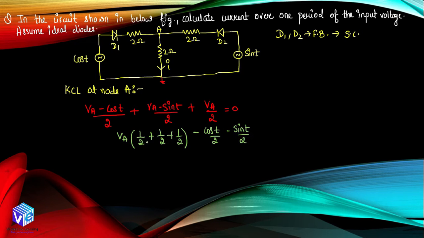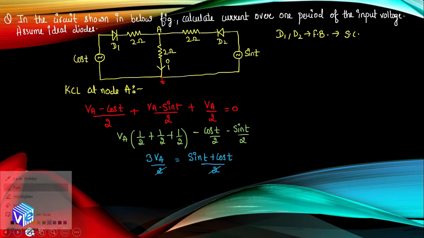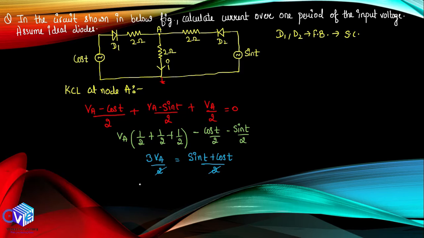So now 1 by 2 plus 1 by 2 plus 1 by 2 is equal to 3 by 2. So here we will be having 3 VA upon 2, equal to sin t plus cos t upon 2, right? So we can cancel out this 2, and from here we can calculate VA. VA will be equal to sin t plus cos t upon 3.